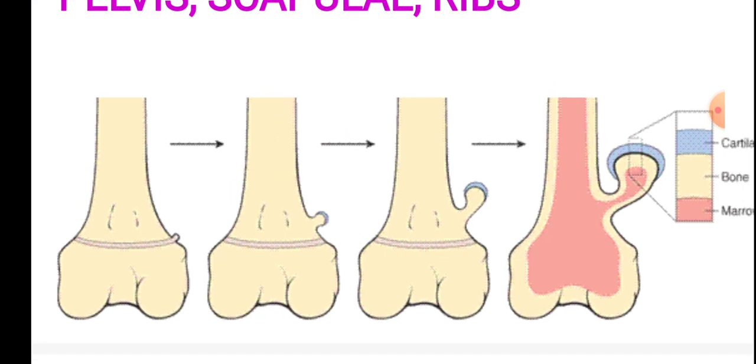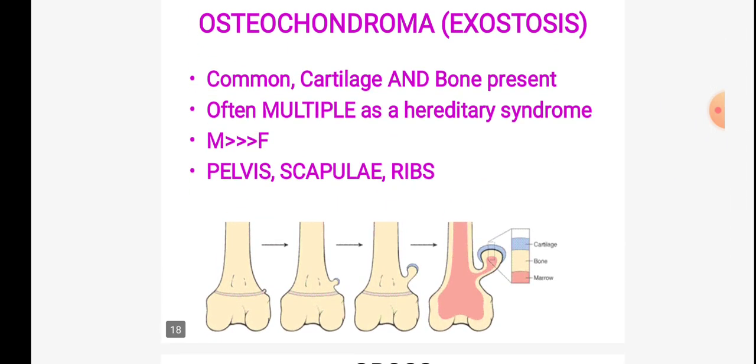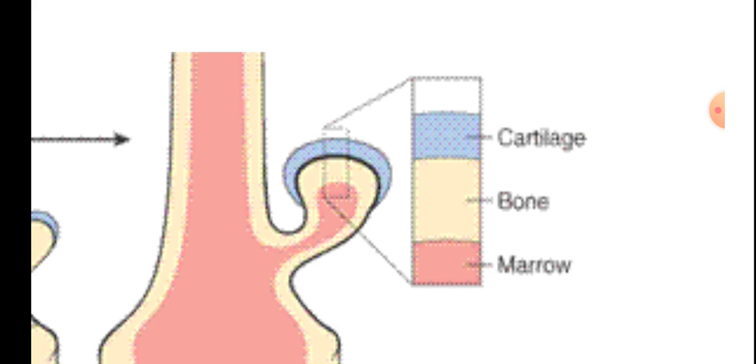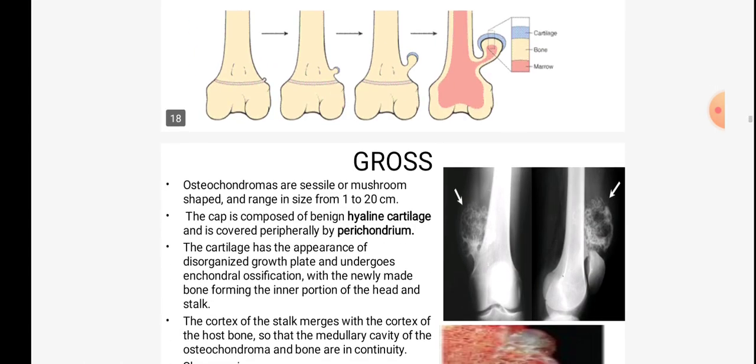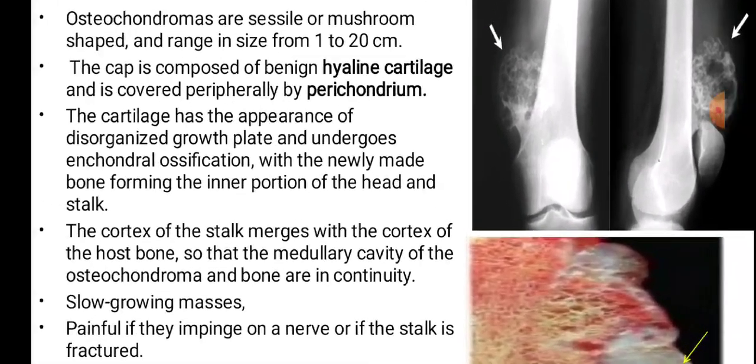See, this is a schematic diagram of the origin of this particular tumor, osteochondromas. See here, the cap outside is cartilage, then below is bone, and then the marrow. Such schematic diagrams are essential to fetch good marks.